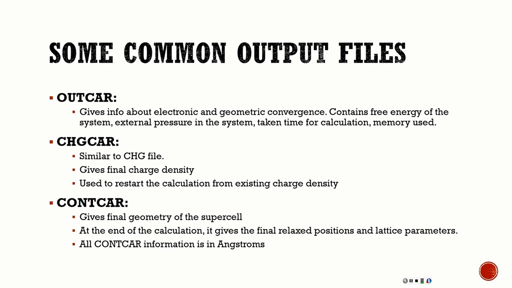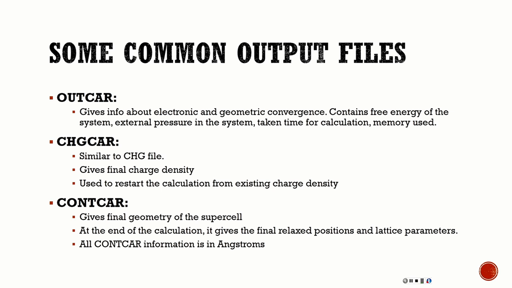So the POSCAR file is used for the input, and in the POSCAR file you give the positions of the atoms you are using for your structure, and that is the initial structure, the initial position. And after every iteration, the position will change, and the new position will be saved in the CONTCAR file.